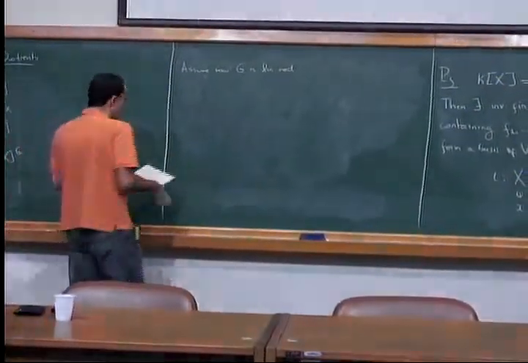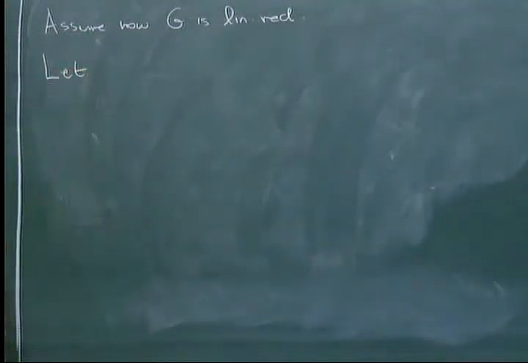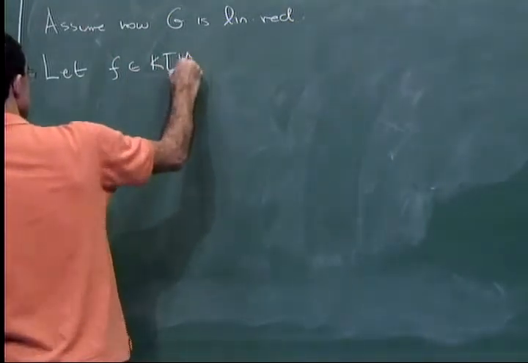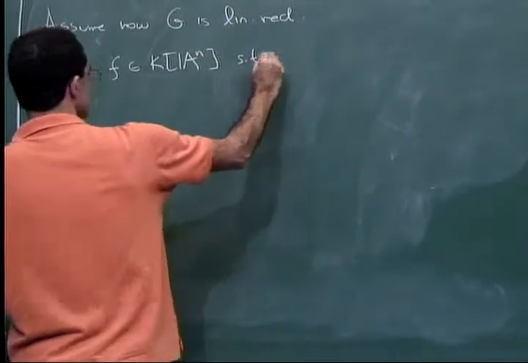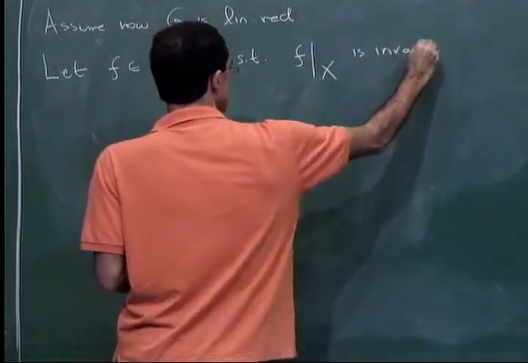Okay, so what we have to do is pick an element here which is invariant. Of course, any function here is a function on X, so it's a restriction of a function on A^N. The restriction is always surjective. So let me pick a function f such that f restricted to X is invariant.